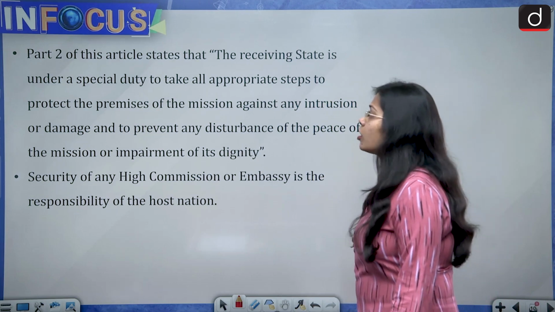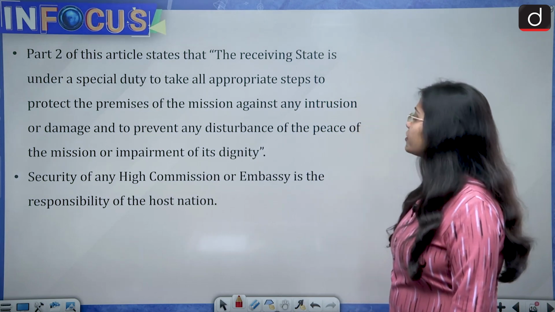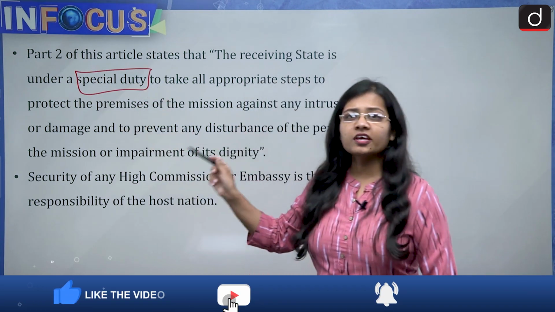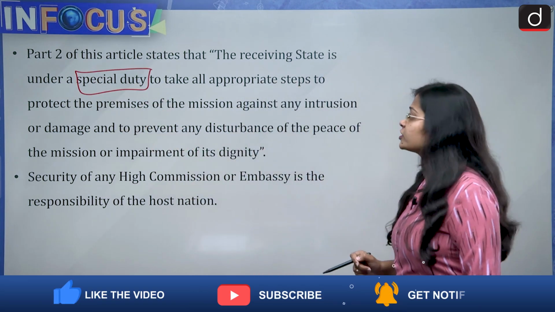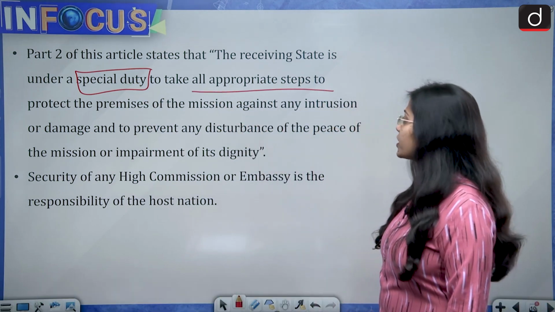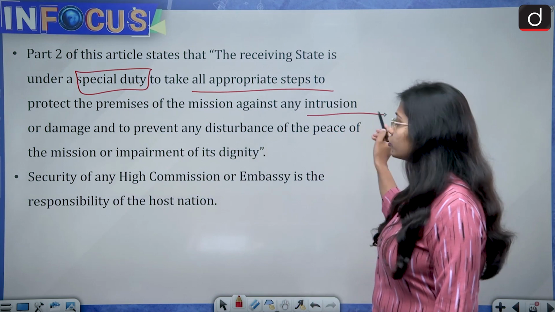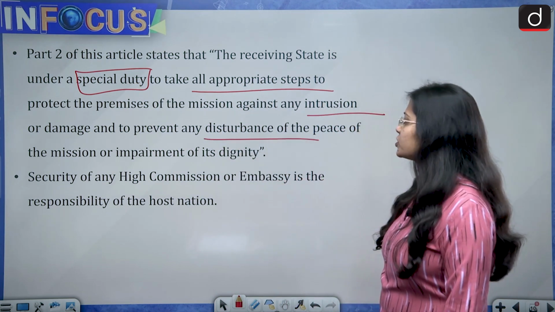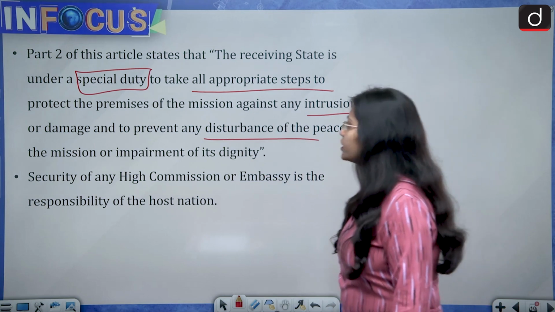Then part 2 of this article states that the receiving state is under a special duty. In this case, the United Kingdom was under a special duty to take all appropriate steps to protect the premises of the mission against any intrusion or damage, to prevent any disturbance of the peace of the mission or impairment of its dignity.